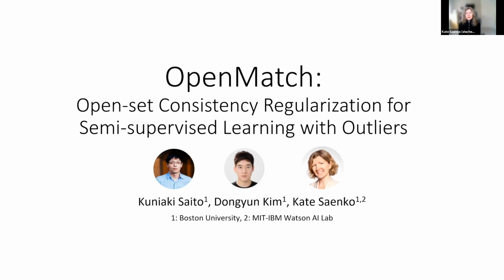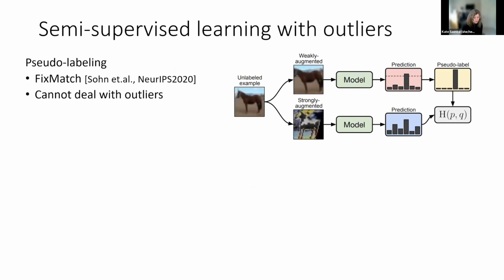Okay, so the first paper I'll mention is called OpenMatch: Open-Set Consistency Regularization for Semi-Supervised Learning with Outliers. This is joint work with my students, Kuniaki Saito and Donghyun Kim. The problem that we're solving here is semi-supervised learning with outlier classes.